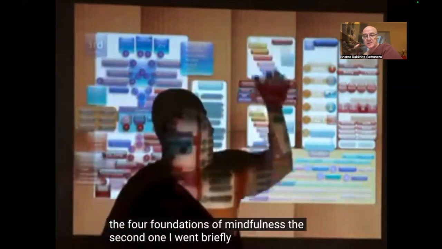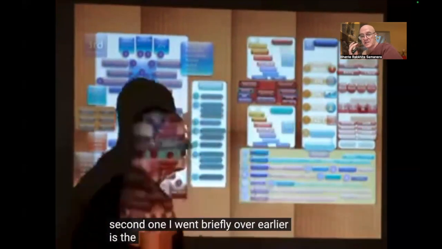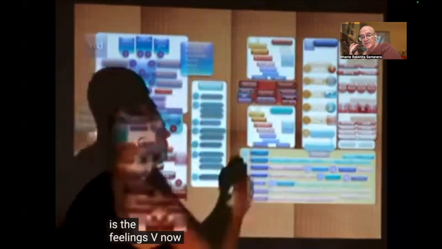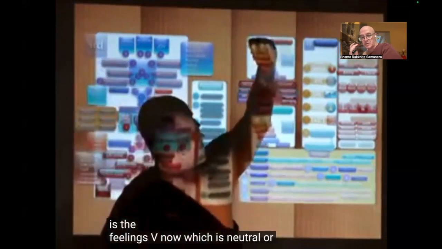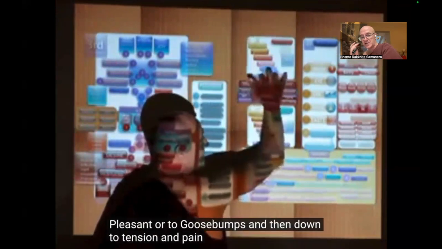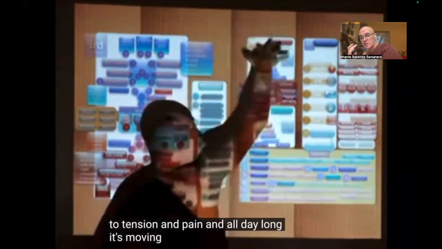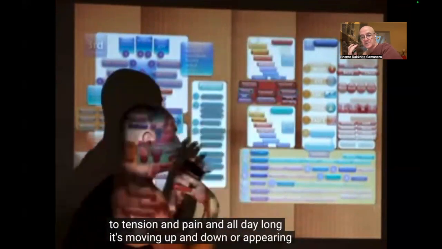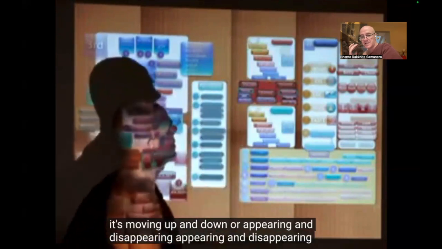The second one I went briefly over earlier is the feelings, Vedana, which is neutral or pleasant or to goosebumps, and then down to tension and pain. And all day long, it's moving up and down, or appearing and disappearing, appearing and disappearing.